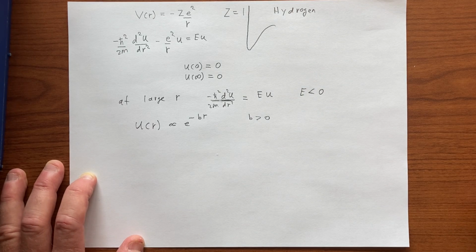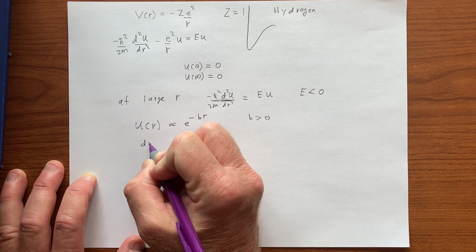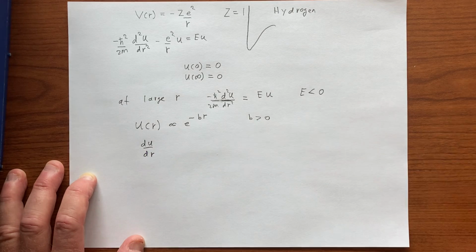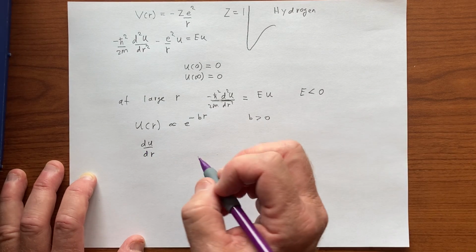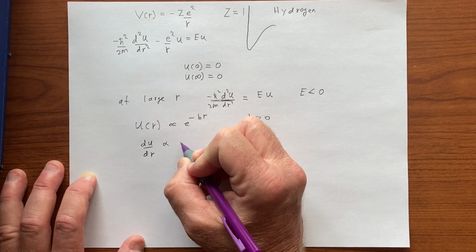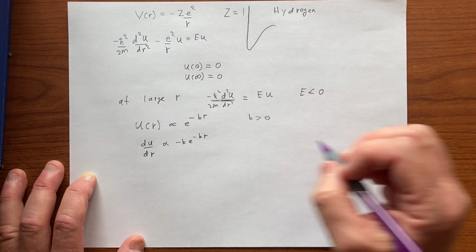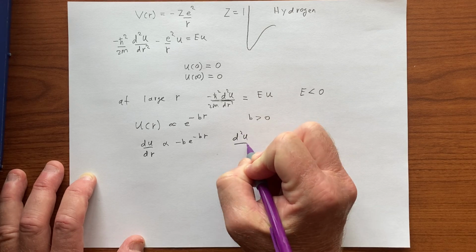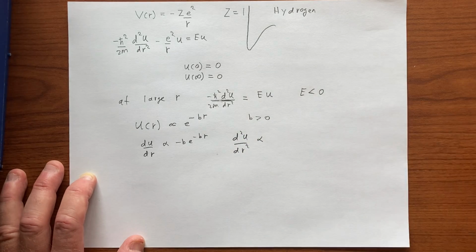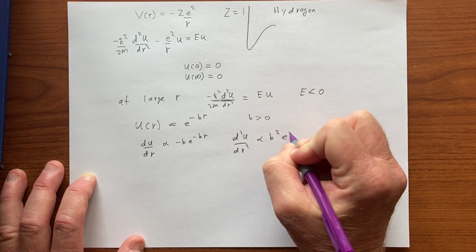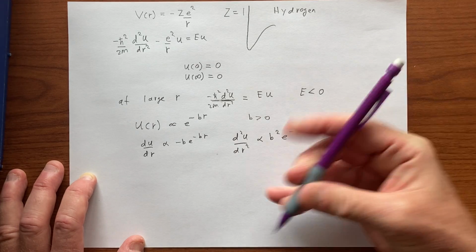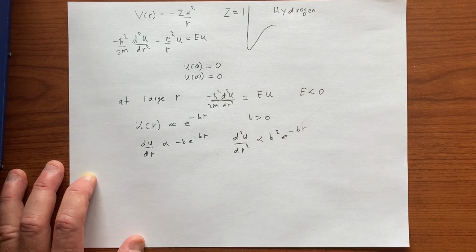And so let's see, what condition do we get on this? We take derivatives of u in r: the first derivative is minus b e to the minus br, and the second derivative is b squared e to the minus br.